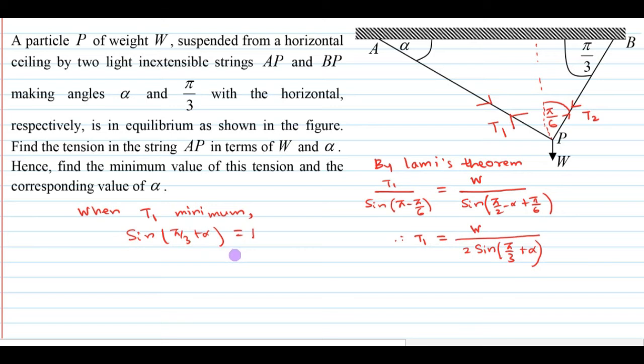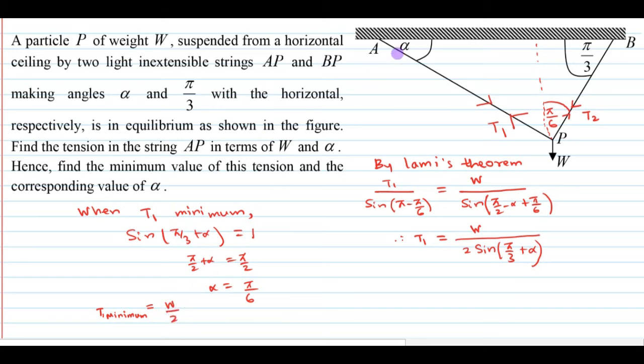Then we get π/3 plus alpha is equal to π/2. Therefore, alpha is equal to π/6. Then the minimum value of T1 is equal to W over 2.